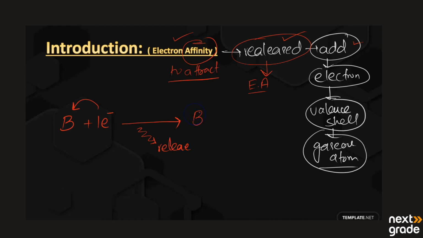So the atom will change into an ion with charge -1 plus the energy released. This is the real meaning of electron affinity. The unit in which we can show electron affinity is kilojoule per mole.